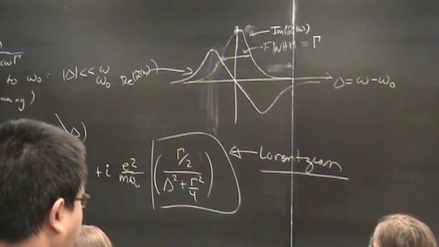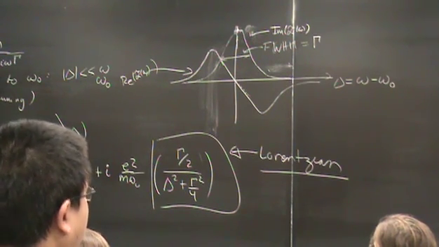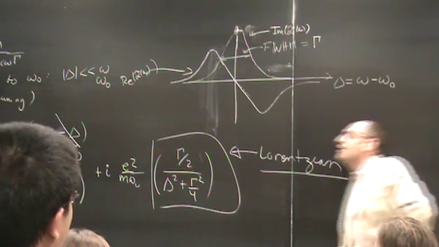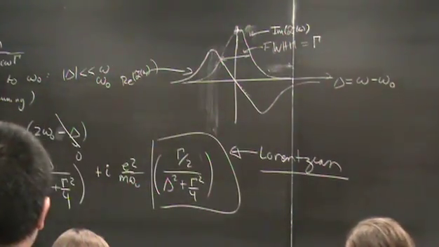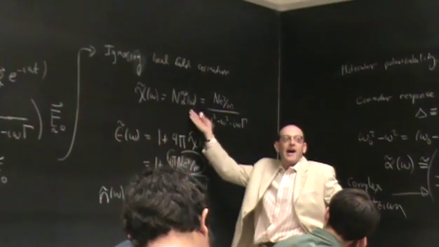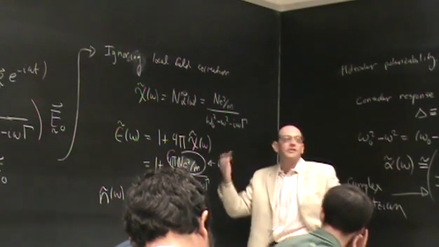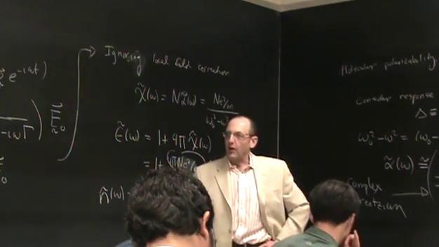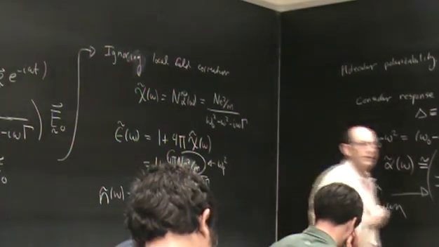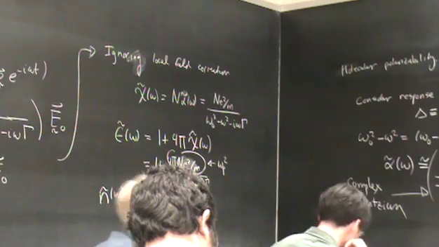All right, so the question now is, what does it mean for the polarizability to be complex? What is the physical meaning of a complex polarizability? What are the physical meanings of the real part and the imaginary part? Well, let's just go back to the definition.